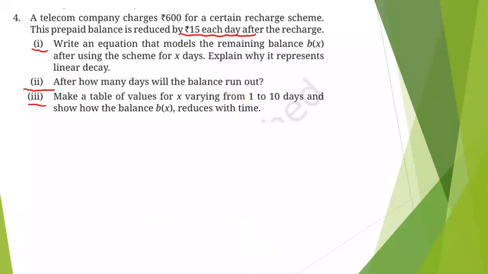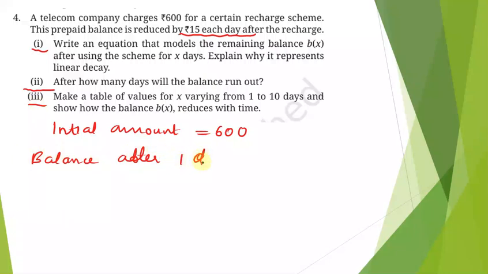Okay, so we will do the questions one by one. Considering the first question, we have to find the equation that models the remaining balance b of x after using the scheme for x days, right? So we will write the initial amount as 600. Initial amount is 600 only. So balance after 1 day, how much amount will be reduced after 1 day? It will be 600 minus 1 into 15 only, right?